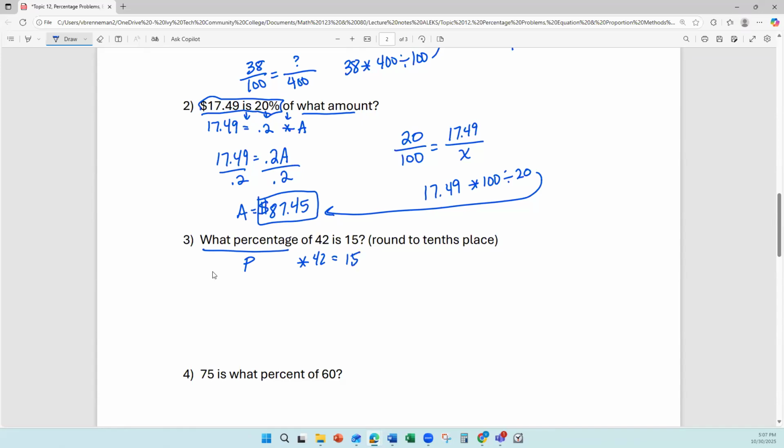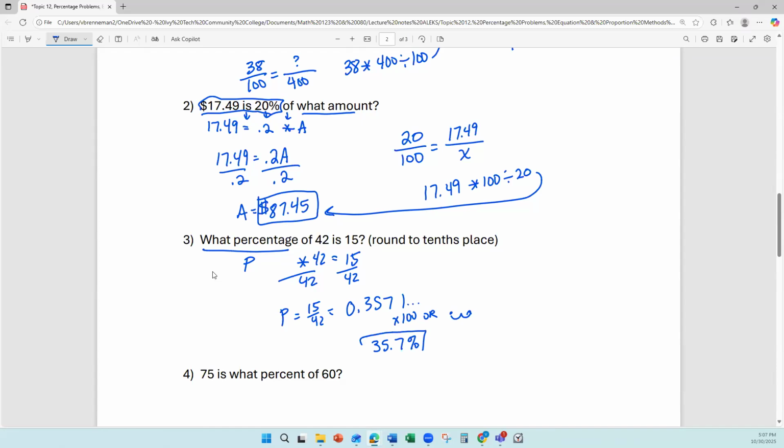There's the equation. I have to solve this, dividing both sides by 42, to get the percentage is 15 over 42. When I do that division, it is 0.357 and so on. I can't just stick a percent on that. I have to do one more step, multiply by 100, or move the decimal point 2 places.